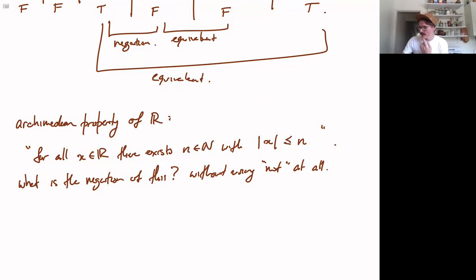What is the negation of this? And we want to totally avoid using the word not. And I want to say a couple of things about this. The first is that to some extent, this is just a requirement for this problem that I am imposing.